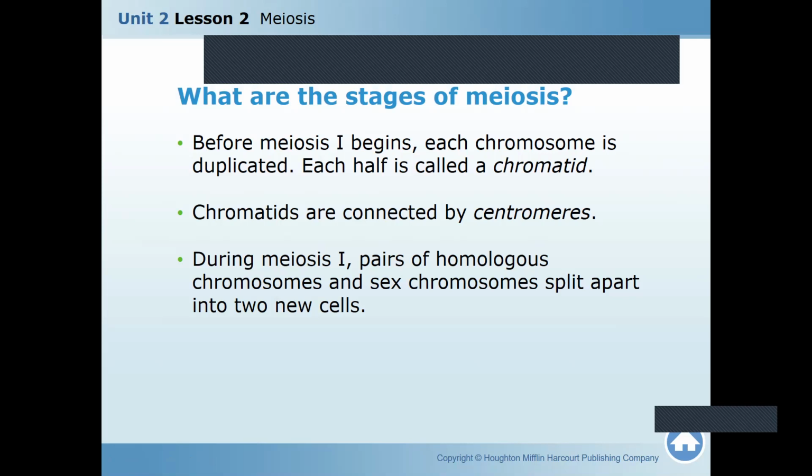Each half is called a chromatid. Chromatids are connected by centromeres. During meiosis I, pairs of homologous chromosomes split apart into two new cells.